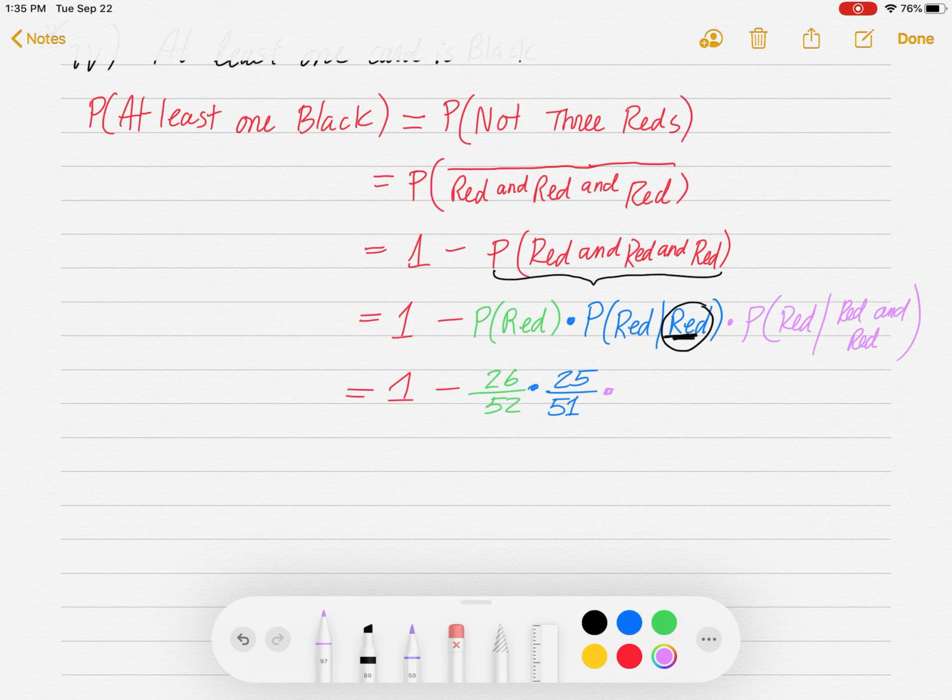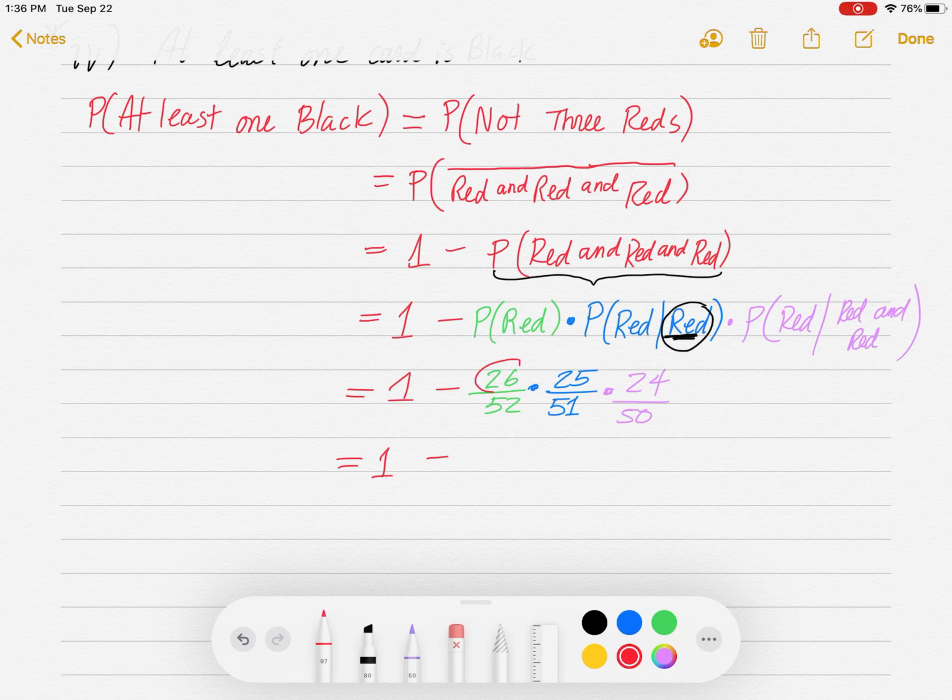And then you're going to multiply this by the probability of getting a red after you've gotten a red and a red already on the first and second draws. Okay, so the question is, how many reds do you have in your deck? You got 1 out in the first draw. You got 1 out in the second draw. So that means you got 24 red cards left in your deck out of a total of only 50 cards, right? 50 cards, because you got 2 reds out.